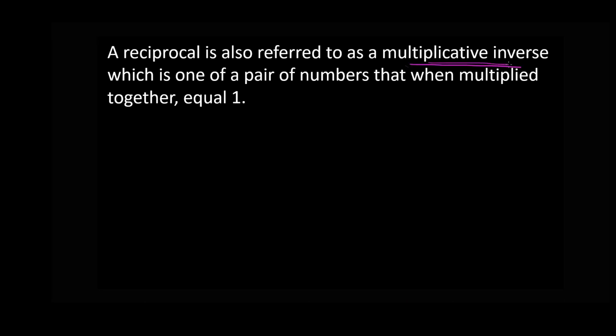A multiplicative inverse is one of a pair of numbers that when multiplied together equals 1. What is this talking about? This is saying that when we multiply a number by its reciprocal, we get 1. Let us look at what we are talking about right here.